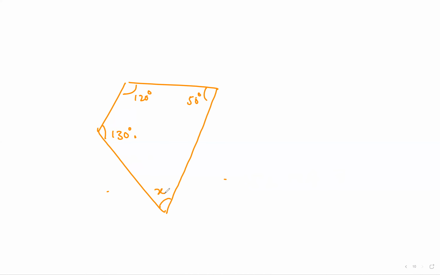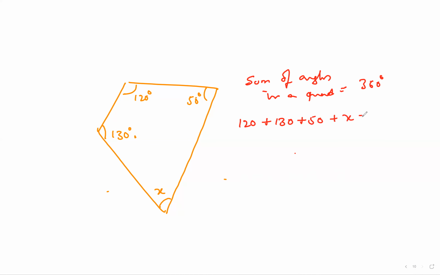How will you find out, my dear students? We can find out by adding all the angles. Sum of angles in a quadrilateral is equal to, we all know it is 360 degrees, right? So 120 plus 130 plus 50 plus x is equal to 360 degrees.